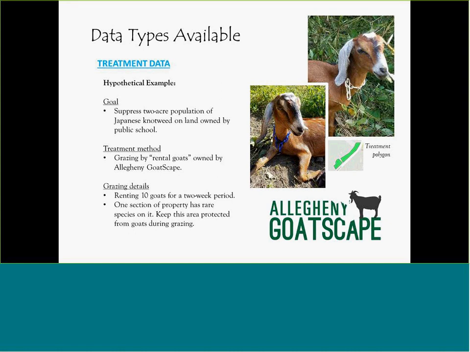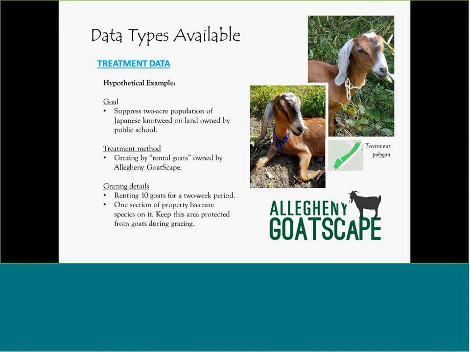Instead, you choose to rent goats from a company here in Pittsburgh called Allegheny Goatscape. And so there's 2 goats. They go out to the property for a 2-week period, and they graze away, and they eat all the invasive species, and hopefully do a really good job of it.